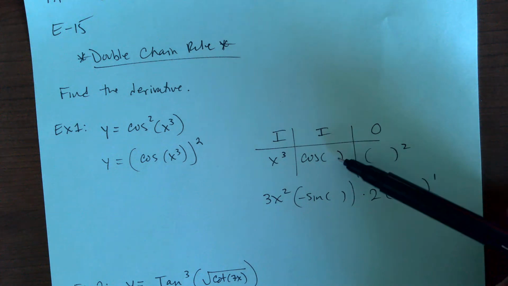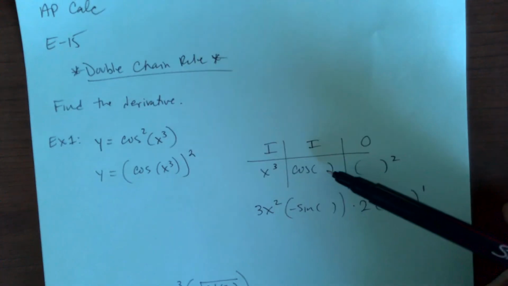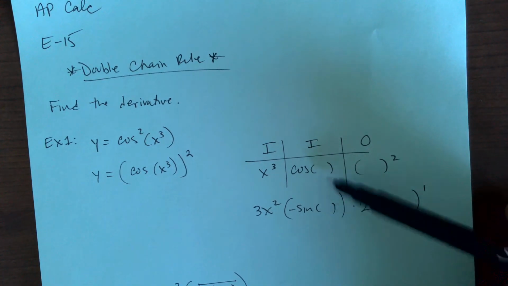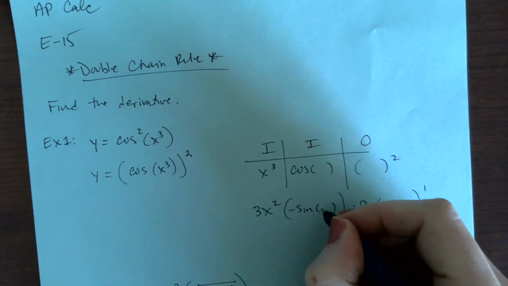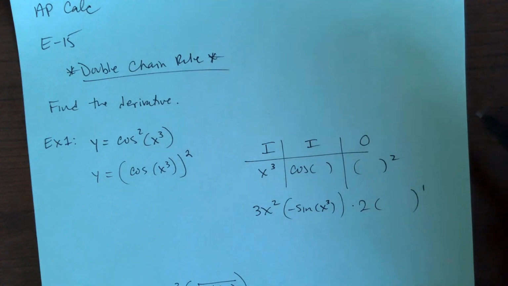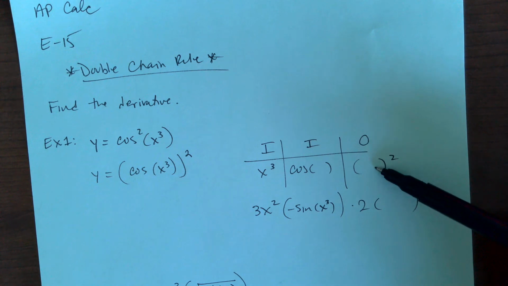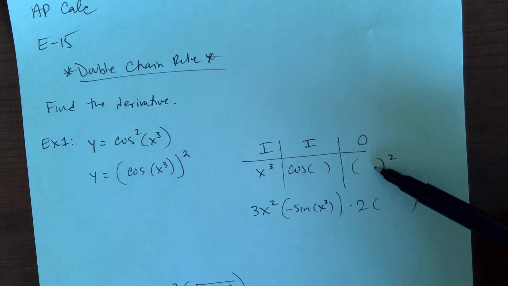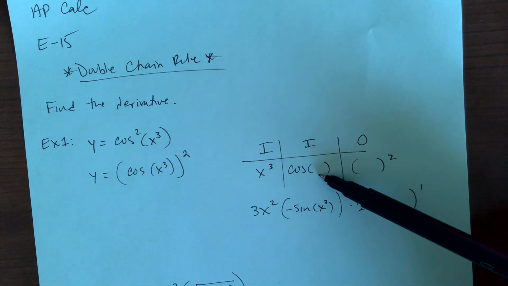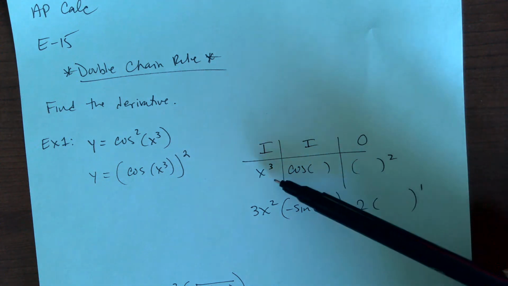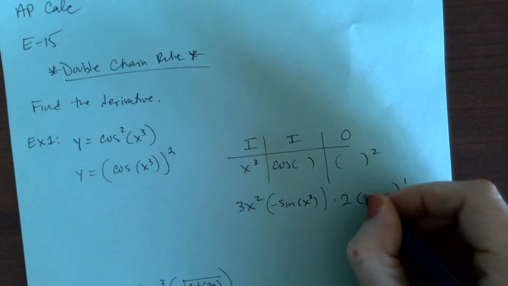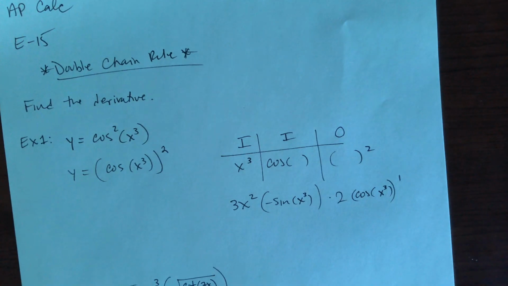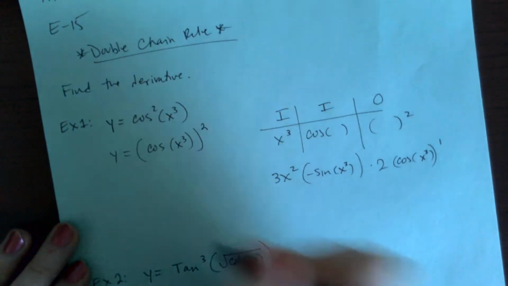So what was in this parenthesis is x cubed. And what was in this parenthesis goes into this parenthesis. What was in this parenthesis was a cosine, and then inside of that cosine was an x cubed. So it goes cosine and then x cubed.